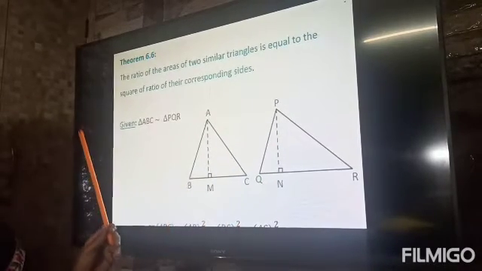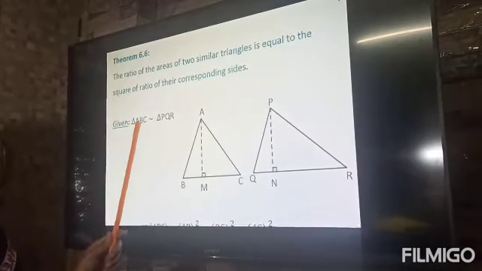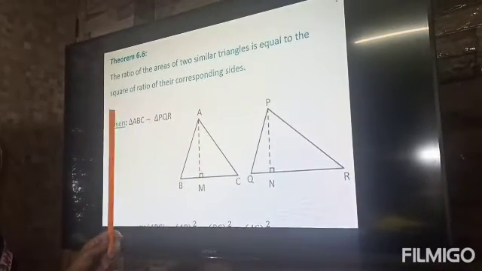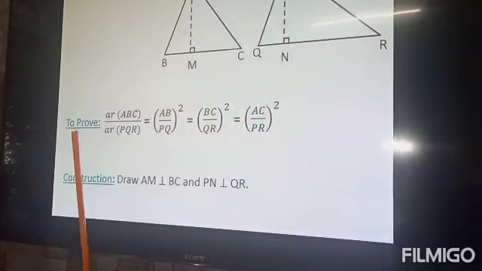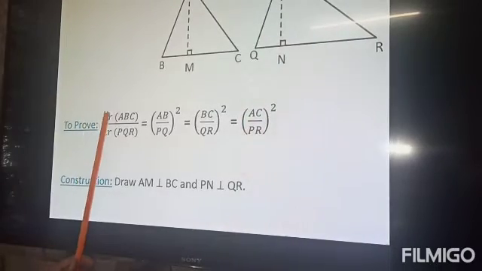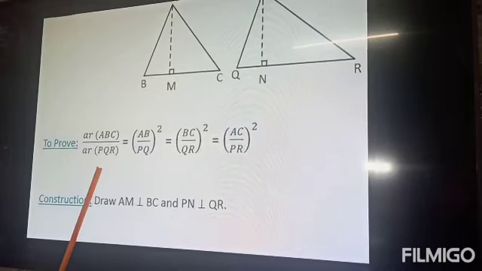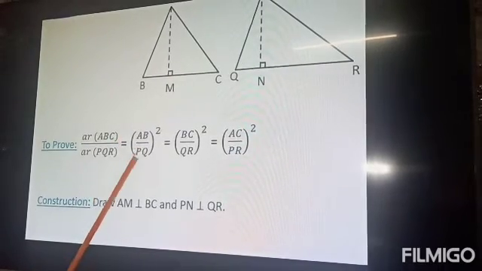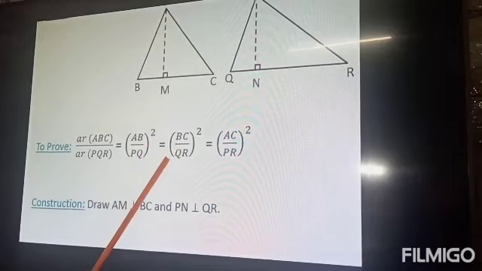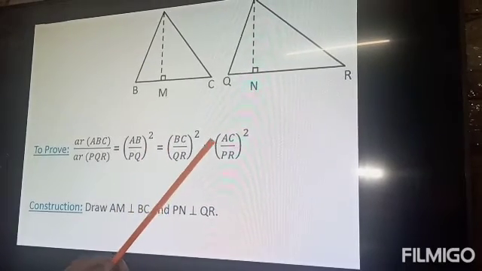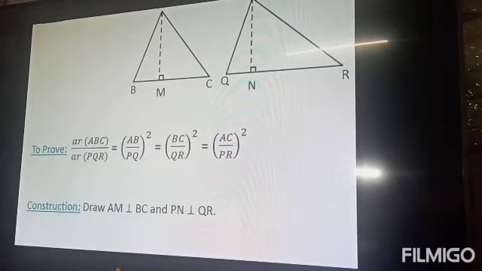Write the data given. Triangle ABC and triangle PQR are similar triangles. To prove, what we have to prove? Area of triangle ABC divided by area of triangle PQR is equal to AB by PQ whole square, is equal to BC by QR whole square, and is equal to AC by PR whole square.